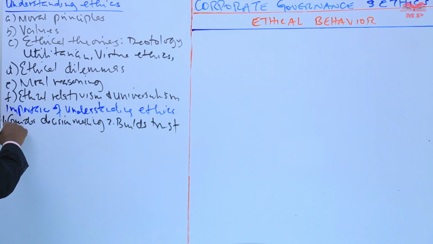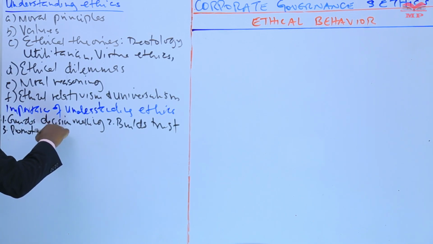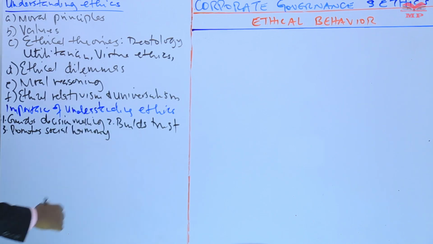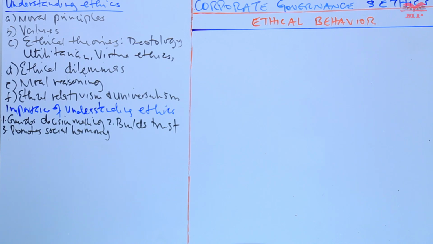Three, ethics promotes social harmony. When individuals and organizations act ethically, it contributes to a moral society. It also contributes to a more just and harmonious society.